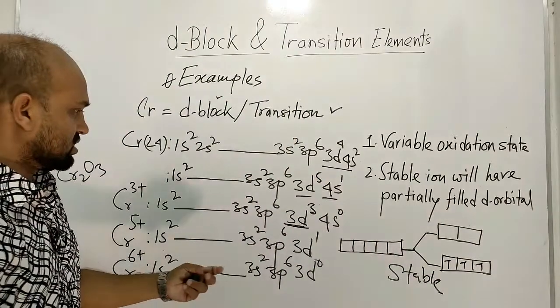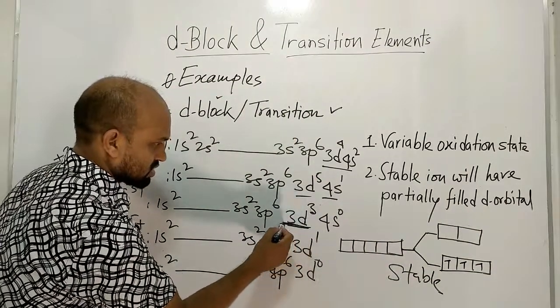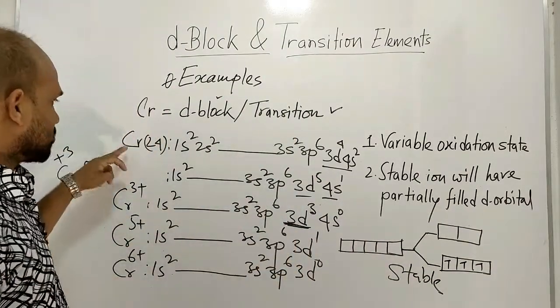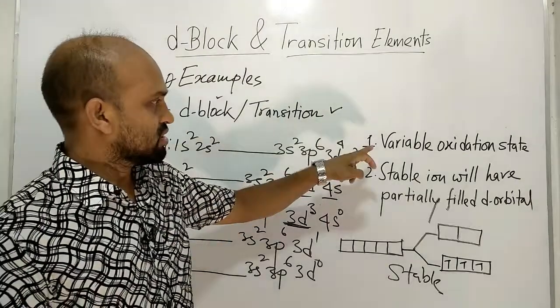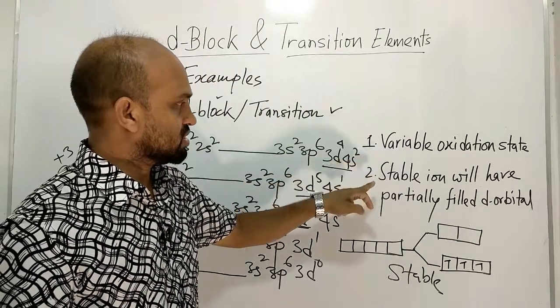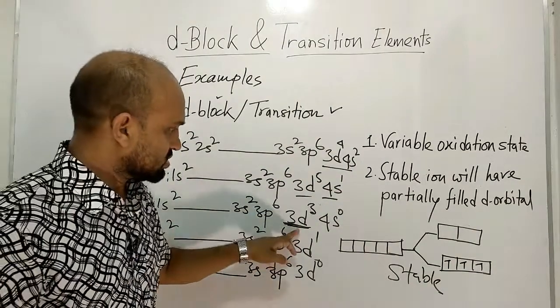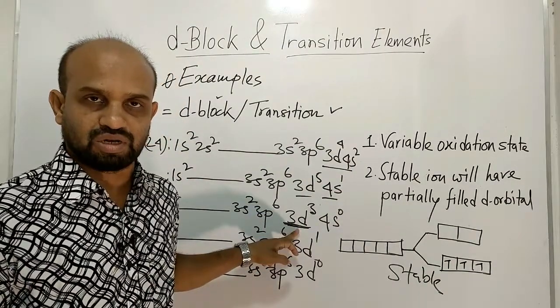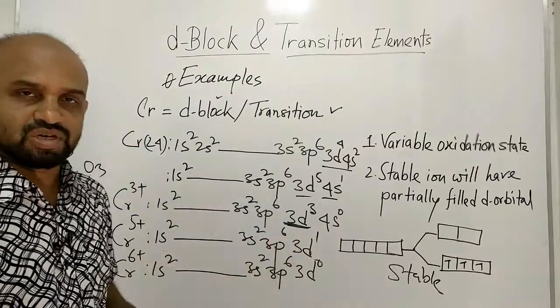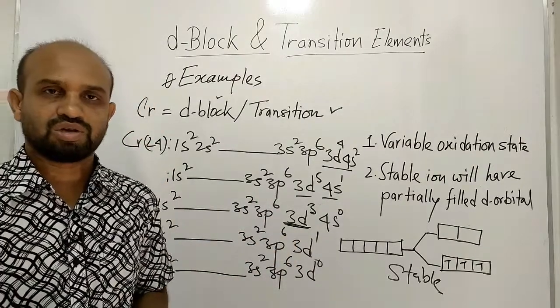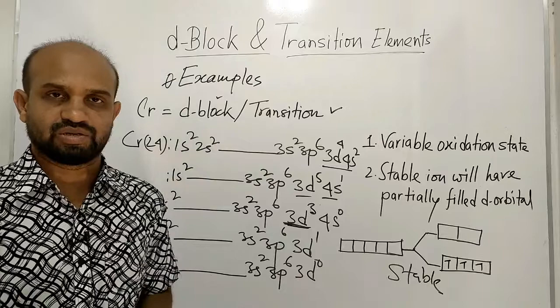That is why we can say this is the stable electronic configuration. So chromium shows variable oxidation states, and the stable ion of chromium contains a partially filled d orbital. So chromium is not only d-block but also a transition element.